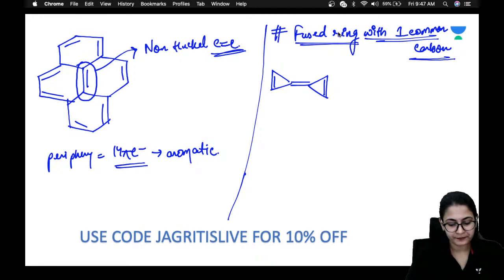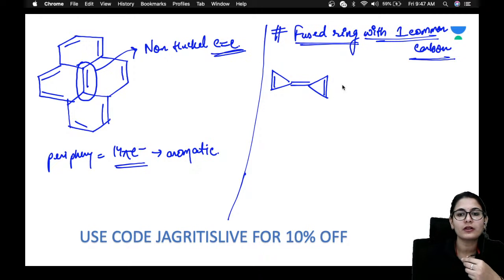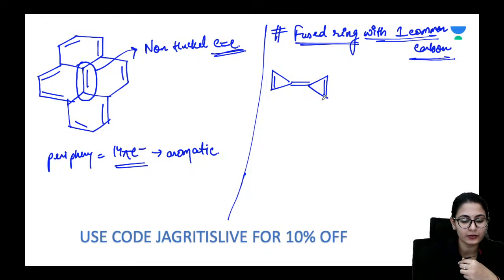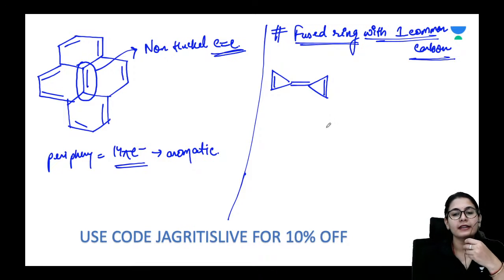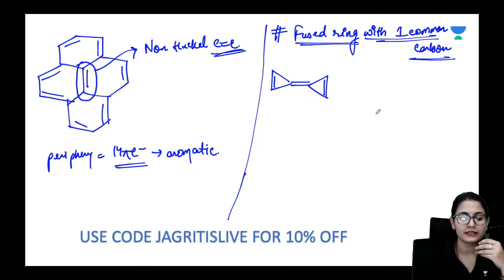All right. Yes. Now visible. Okay. Chalo, so let's continue, guys, where we were. Right. So we were talking about this system. This is a fused system with one common carbon.